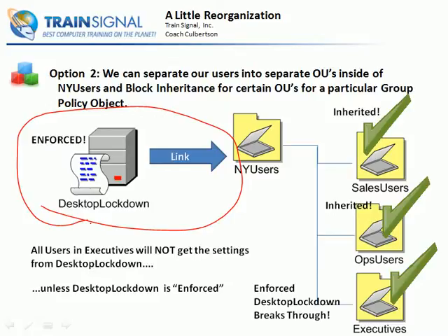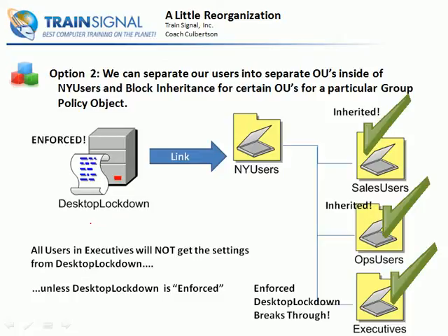And by the way, when you enforce desktop lockdown, any other conflicting policies are going to be overridden by this one. So when you enforce a GPO, you might end up breaking through some of those block inheritance items. And I'm going to show you all that, by the way, coming up when we actually finish our discussion about this and actually go over to the machine to solve it.